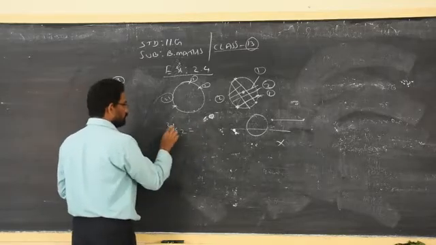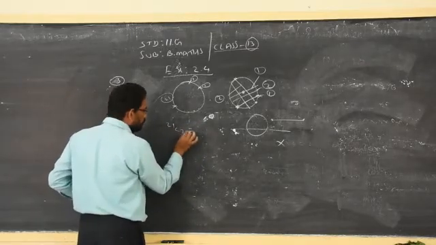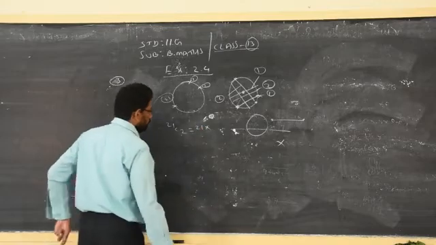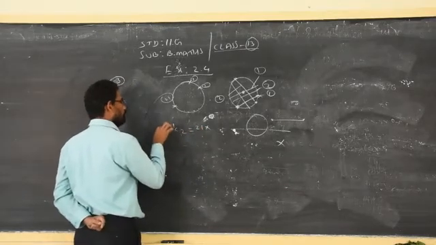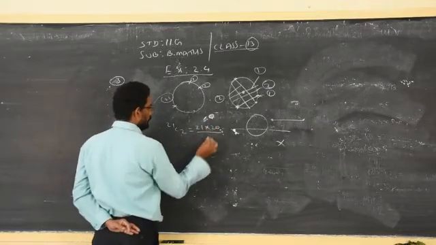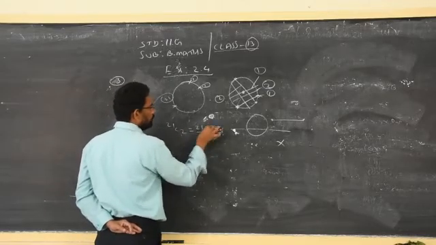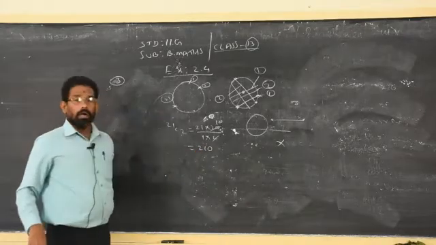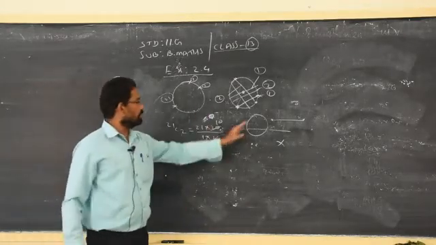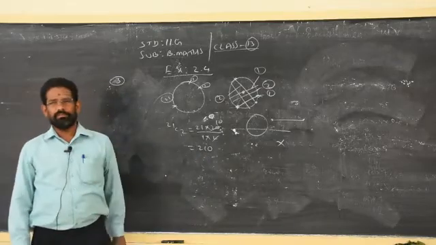So the combination is 21C2. You write according to the formula for combination: 2 numbers in descending order from 21, that is 21 by 20 by 1 into 2. If you cancel, you will get 210. So how many chords are possible to draw in a circle? 210.